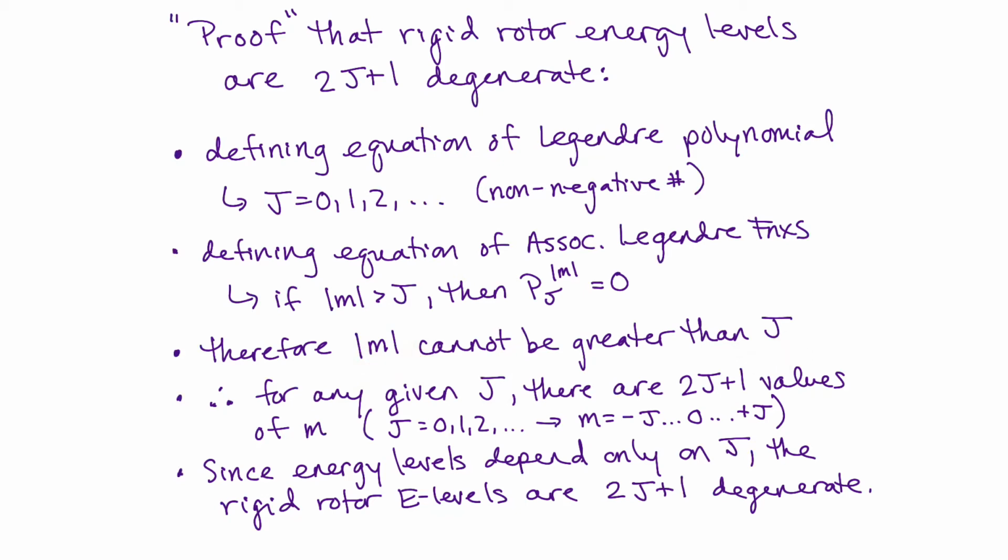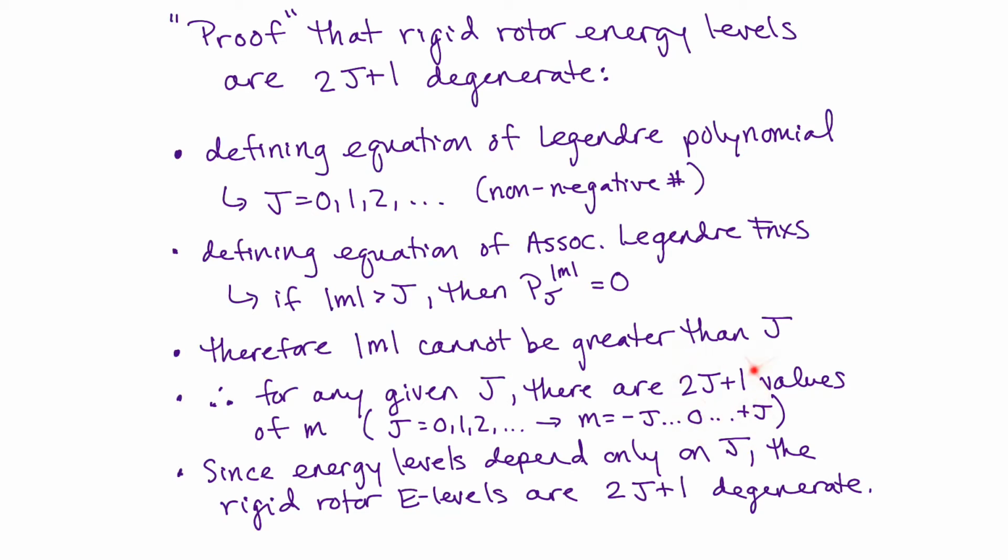What that means is that for any given j, there are going to be 2j plus 1 values of m. Again, our limits on j are integers starting at 0, and remember our m can take on positive and negative values as well as 0. So for any j, because we're looking at the absolute value, we can have both negative and positive values, including 0.